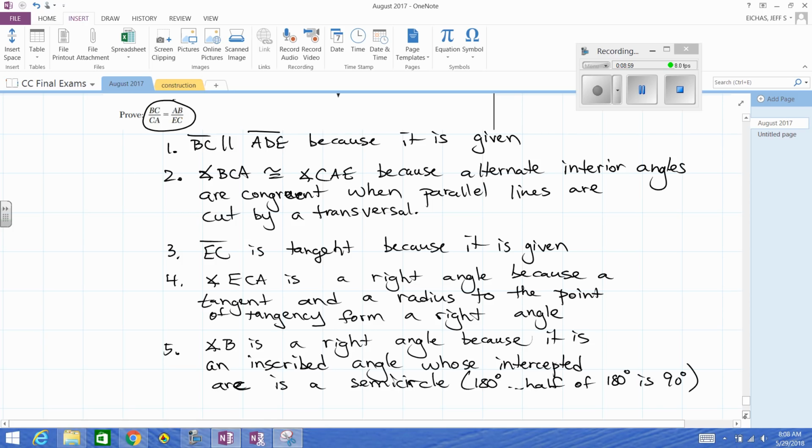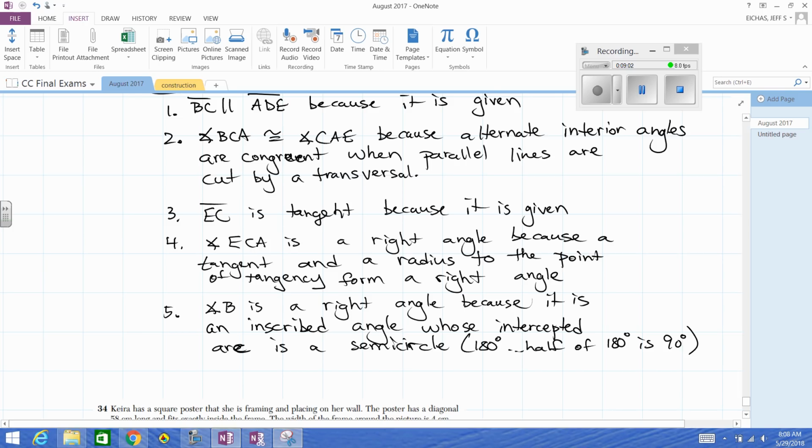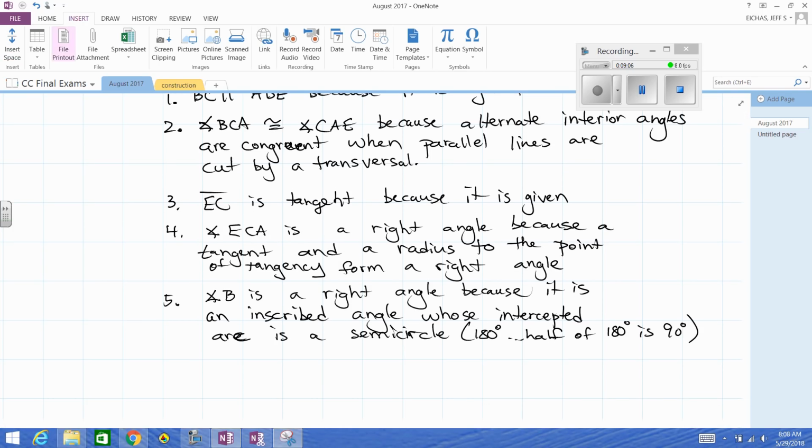So I'm going to throw a little bit more in there. Okay, so now the triangles are similar by angle, angle. Not quite. I didn't get the angles congruent. I do need one step.